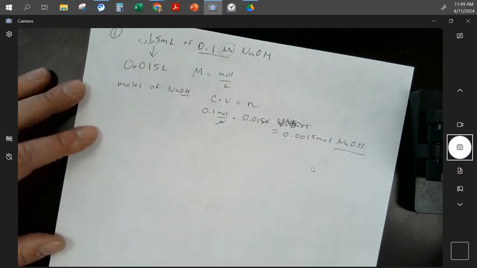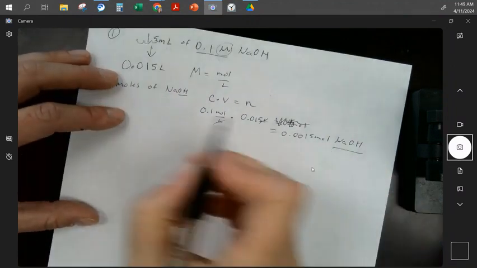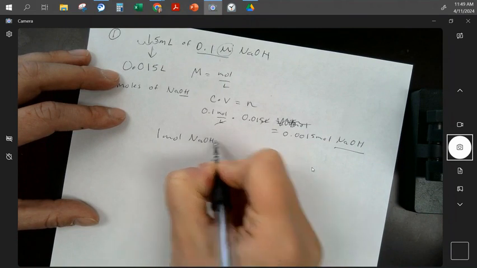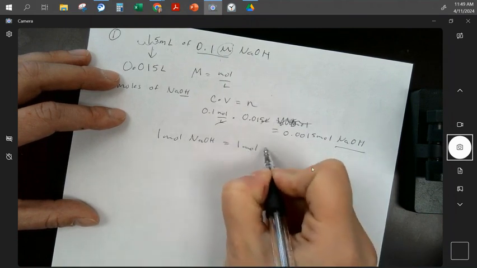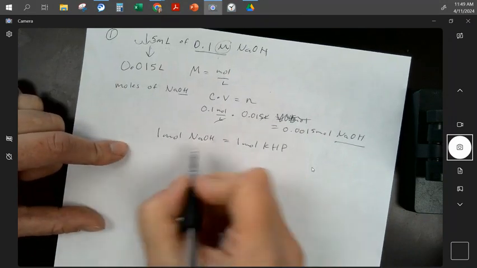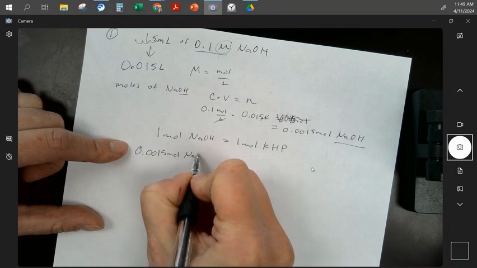We know that for the acid we're using, this one's KHP, we need a 1-to-1 ratio. So this is telling me if I have 1 mole of NaOH, I need 1 mole of KHP. Well, we don't have 1 mole, we have 0.0015 moles of sodium hydroxide.